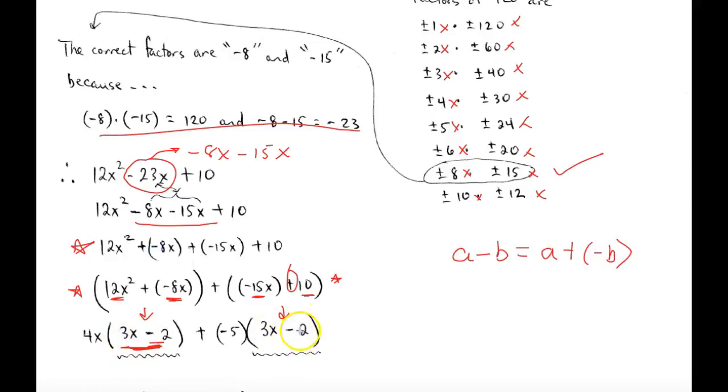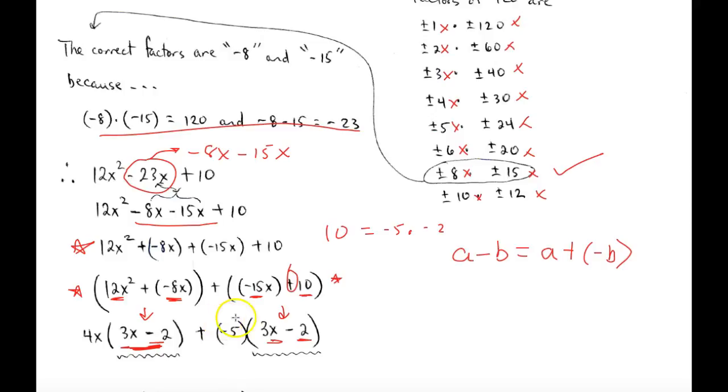So to do that, I'm going to have to factor a negative out of one of the factors of 10. And so I'm looking at 10 in this case as a negative 5 times a negative 2. And so if I factor out the negative 5 in this term, a negative 2 is left. And if I factor out a negative 5 out of this first term here, then we see that we have a positive 3x left.